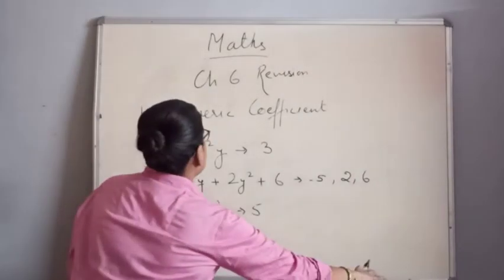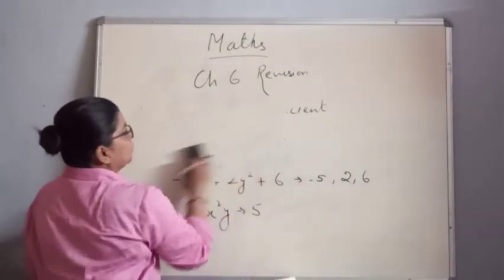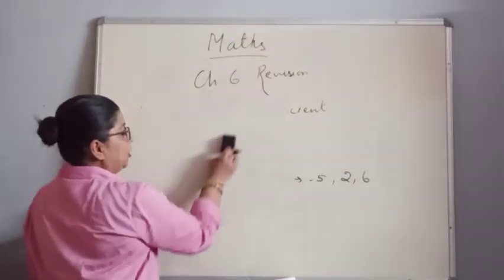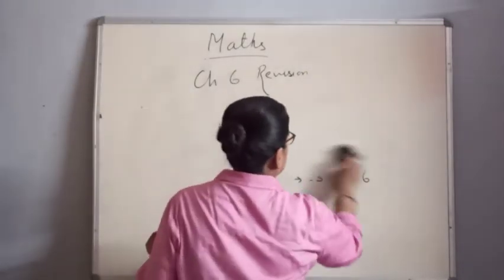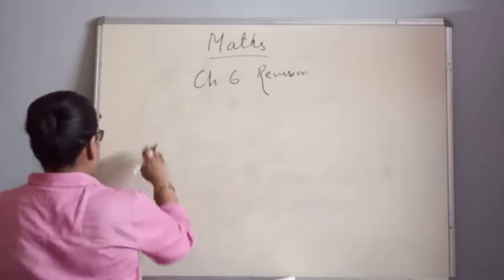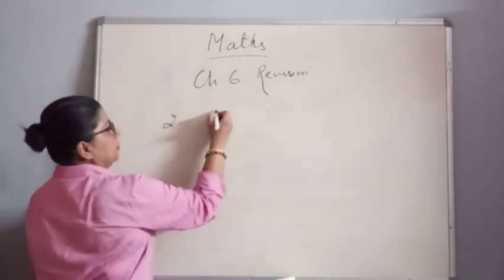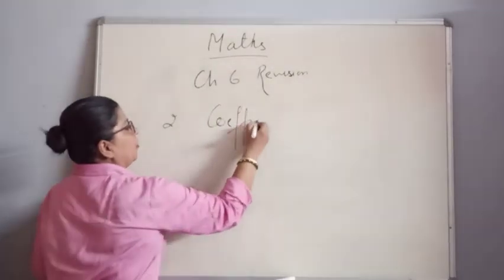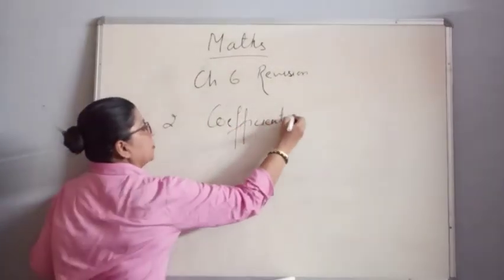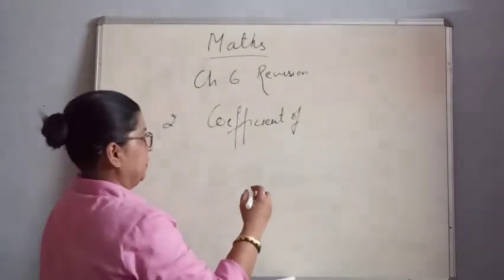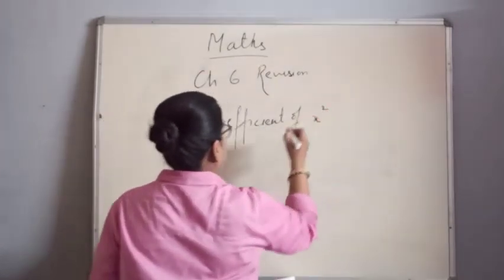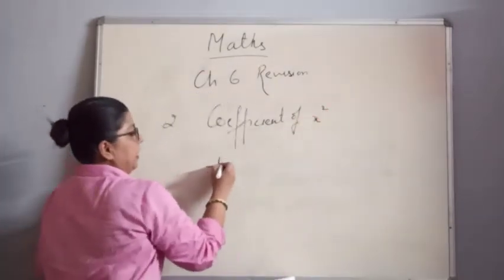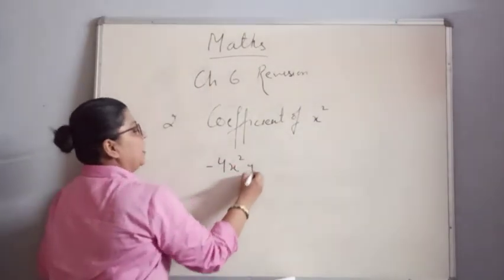Okay. In case I am having a question where I told you to write the coefficient of x square, just a revision, I already have told you. And I gave you the term minus 4x square y.